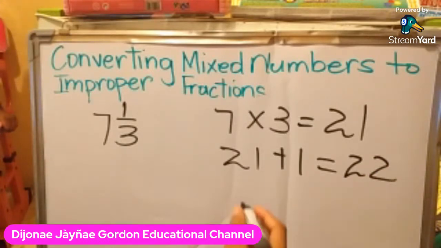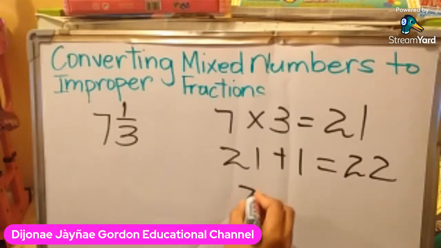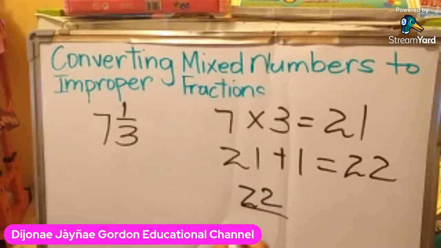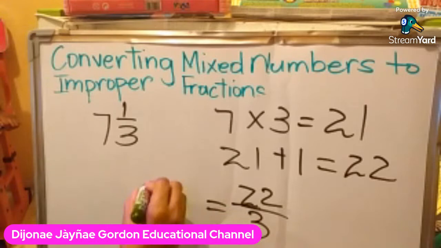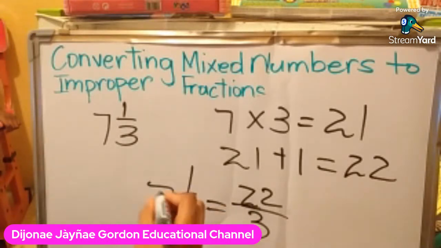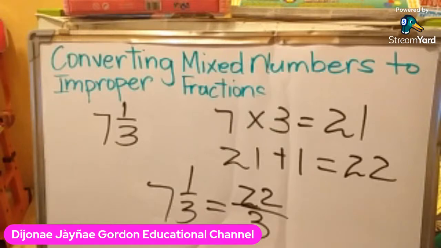And now we are going to put 22 over our same denominator, which is 3. So we say 7 and 1 over 3 is equal to 22 over 3.